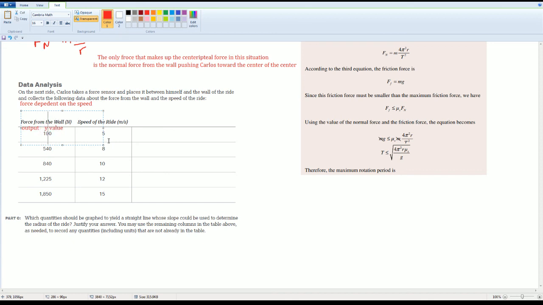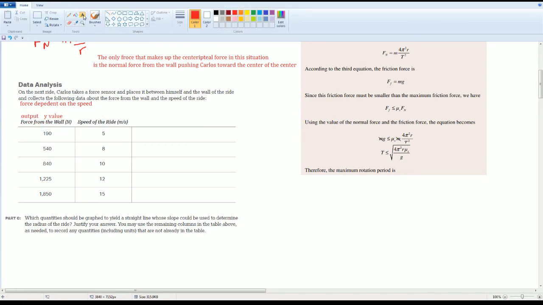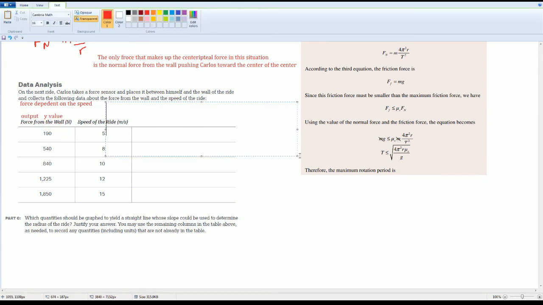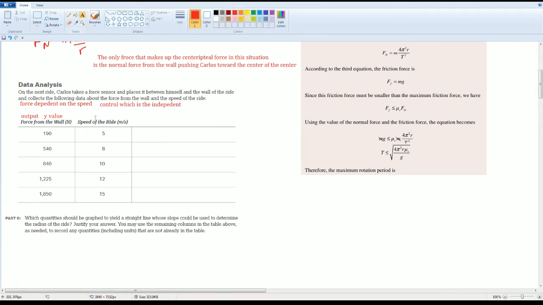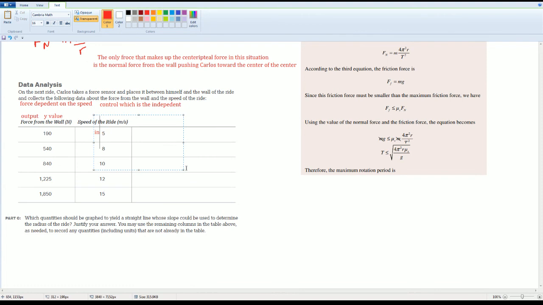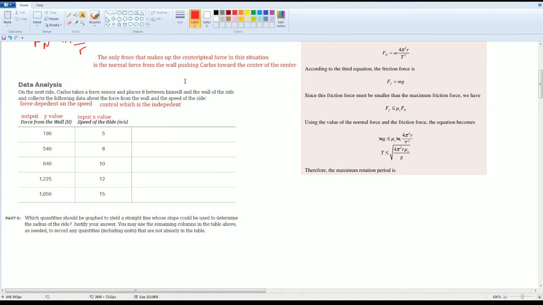And the speed is what you control, which is your independent variable, from algebra or integrated one. So this is going to be your input, which is called your x value. All right, so let's graph this and let's see if it makes sense.